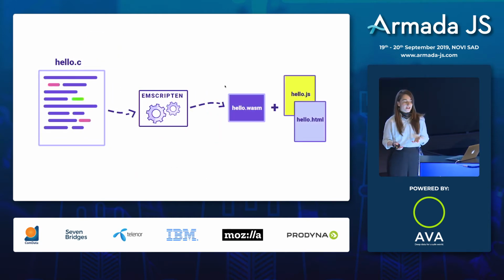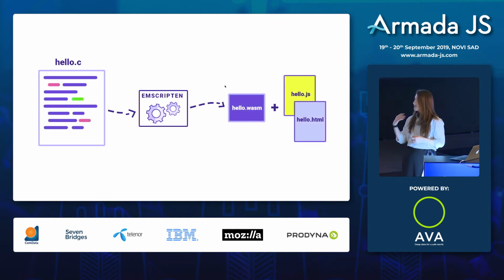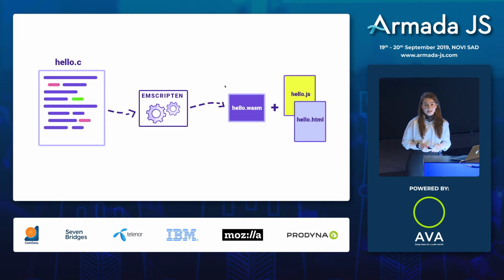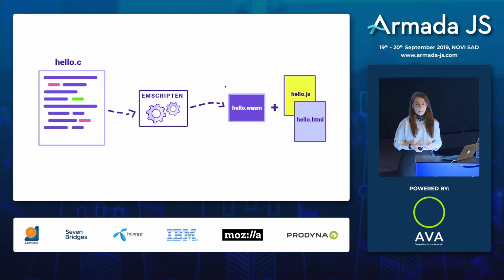And this is how it works. When you compile your C file with Emscripten, what you actually get are HTML and JavaScript and WebAssembly module. So you need this HTML and JavaScript files because WebAssembly actually doesn't have direct access to web APIs. So not even things like DOM.